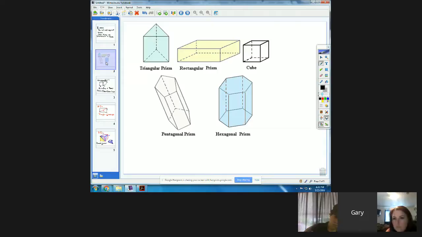So for any prism, if you can find the area of the base, for a box it's length times width, for a hexagonal base it's more complicated, for a triangular base it's a little more complicated, for a pentagonal prism it's more complicated. But once I find the area of its base and multiply by its height, the volume is done. In general, for prisms, if you can find the area of the base, then you multiply by the height, you're guaranteed to have the volume.